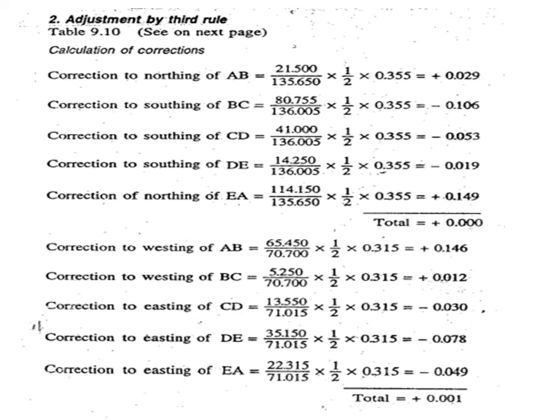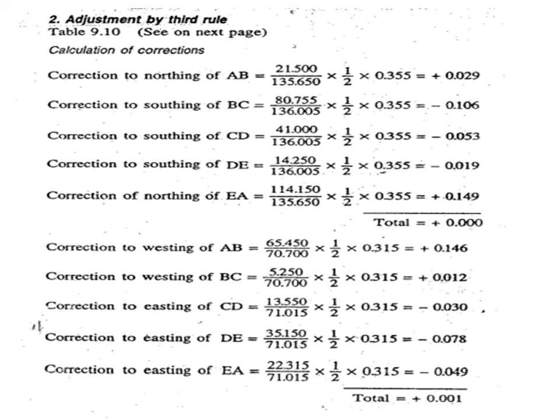Similarly, corrections have to be calculated for departure also, for line AB, line BC, line CD, line DE and line EA. The value of correction for line AB equals 0.146, correction to westing of BC equals plus 0.012.